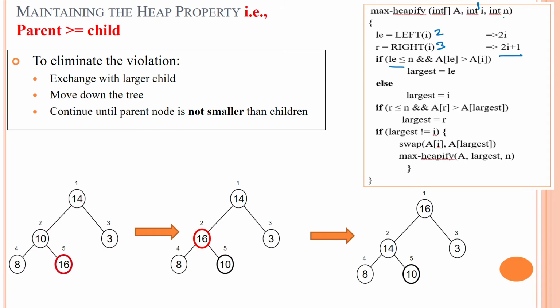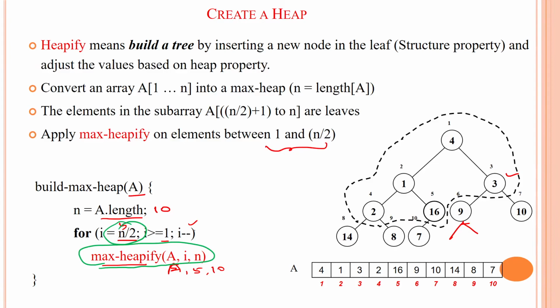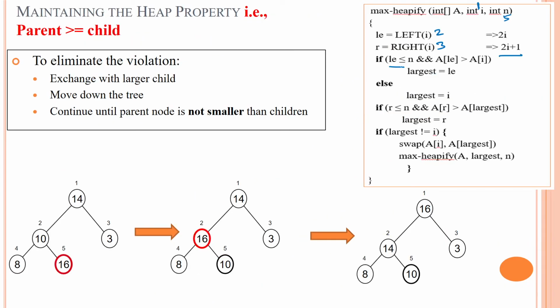So n here we are taking 5. So n less than or equal to 5. So we are checking. This is based upon this for loop step. So now we are checking LE, index is 2. So 2 less than or equal to 5, true.